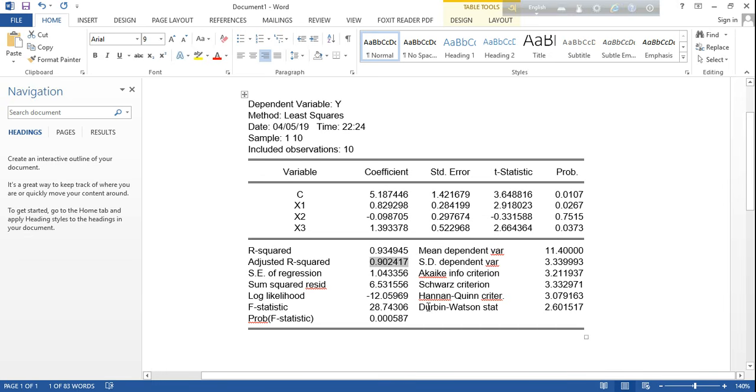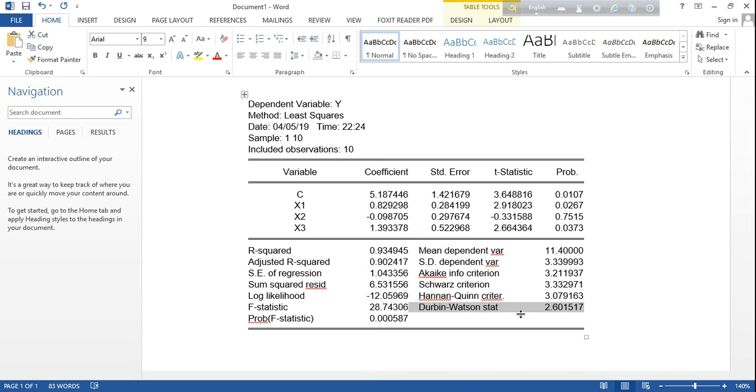And the last one, which is going to be interpreted, is the Durbin-Watson stat. With this statistic, we can determine whether your dataset has autocorrelation or not. And the guideline is here: if the value of the Durbin-Watson stat is less than 2, then there is positive autocorrelation.